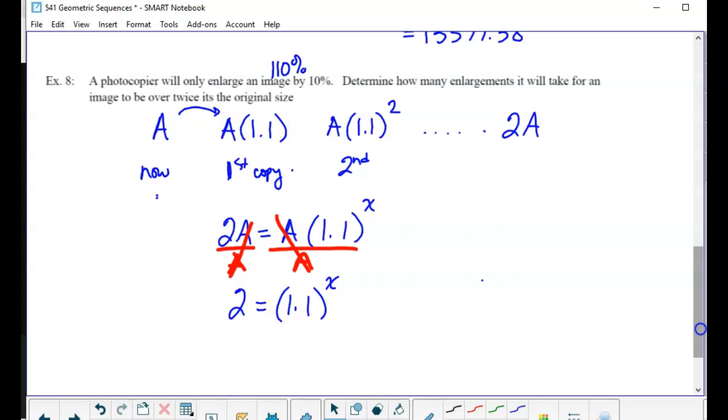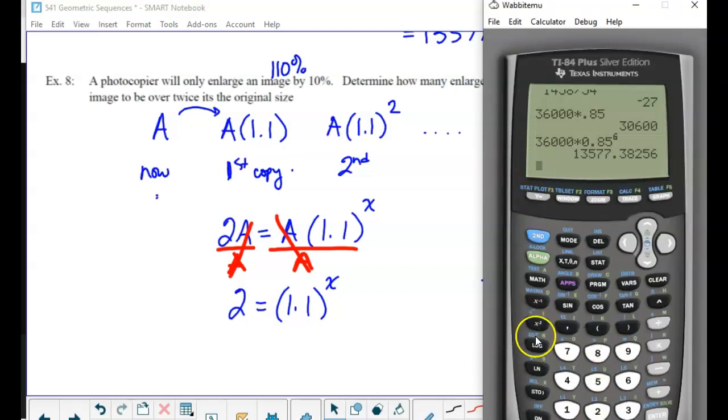Now, until you learn some topics in Math 30, you have to use your calculator to estimate here. So you're going to go, okay, 1.1 raised to the exponent 3. Well, that's not 2. So then you could keep multiplying by 1.1. That would be to the exponent 4, exponent 5, or you could just trial and error a new guess.